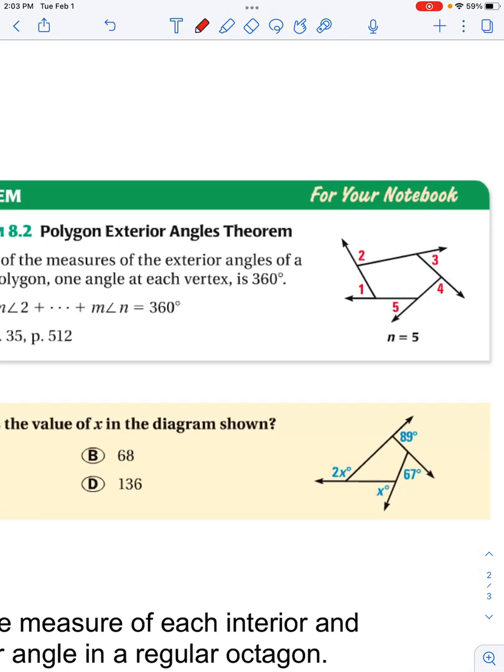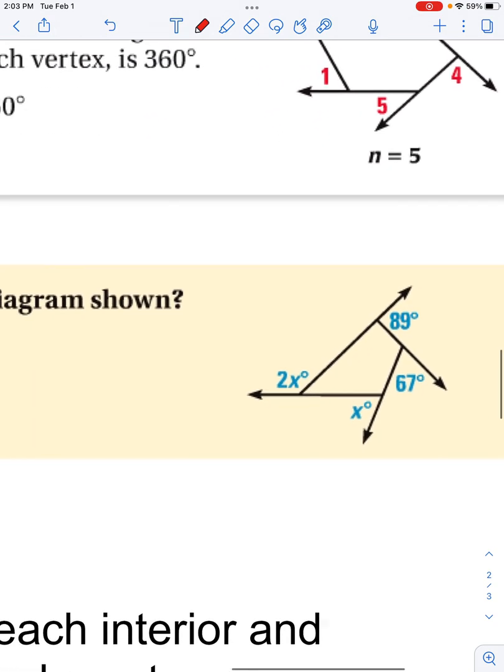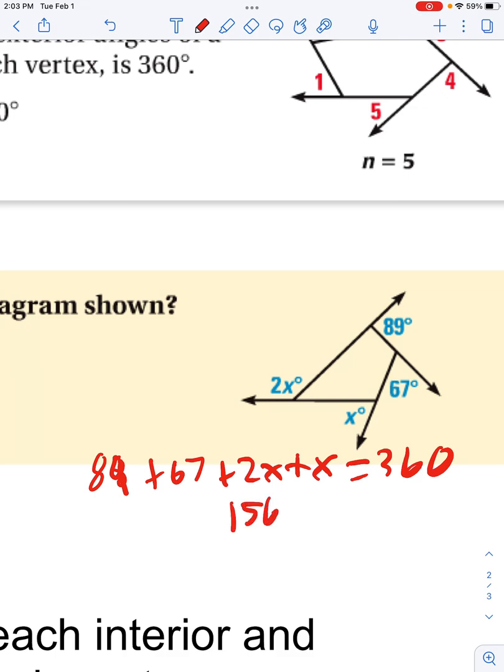What is the value of x in the diagram below? Using my knowledge, I know that all exterior angles add up to 360. So 89 plus 67 plus 2x plus x equals 360. 89 plus 67 is 156, and 2x plus x is 3x.